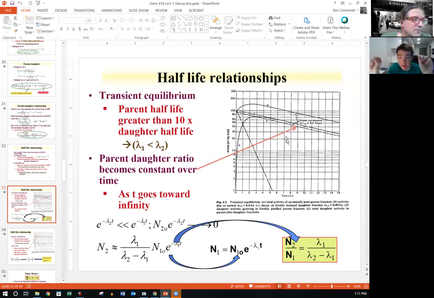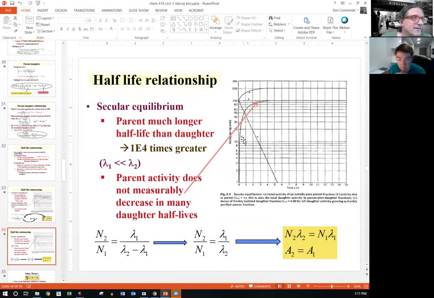Thus, we see that flattening out. Your total activity is equal to the activity of the parent times the number of decays that it goes through.